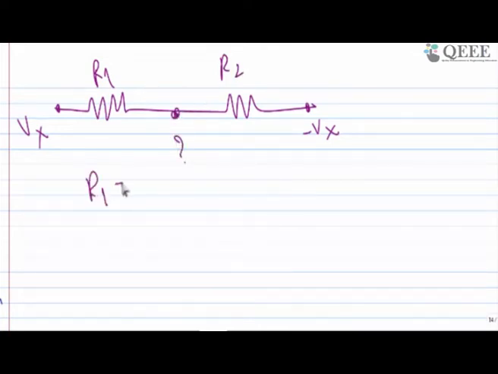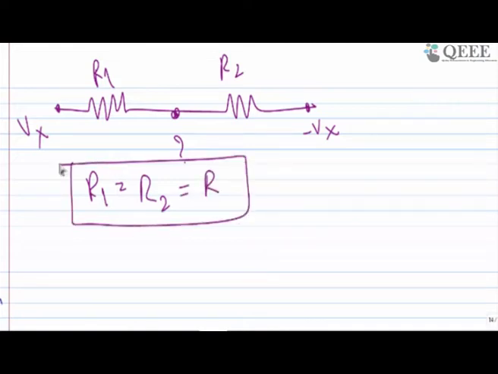And if R1 equal to R2 equal to R, then let's call this potential some potential V theta. Because of equal resistance, there will be equal drop, equal current. This is plus Vx, this is minus Vx. So at the end, this is also like a virtual ground.